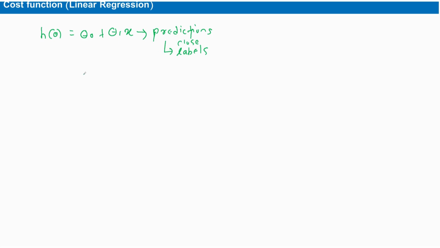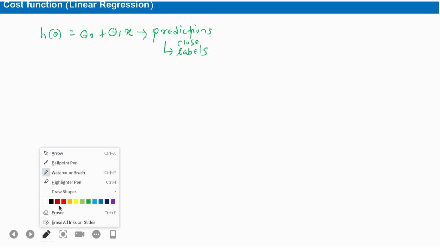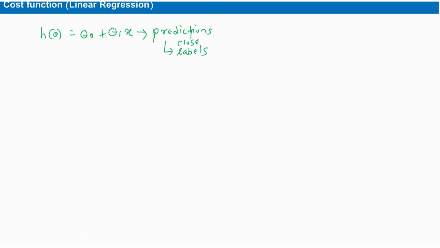In order to evaluate whether these predictions and labels are close together or not, we need to use the cost function. This cost function is denoted by J of the parameters.